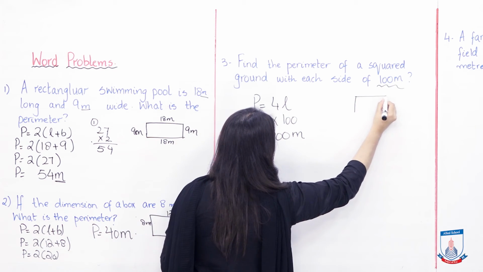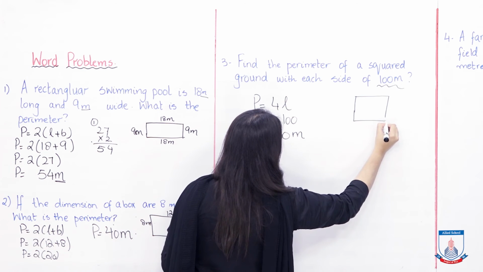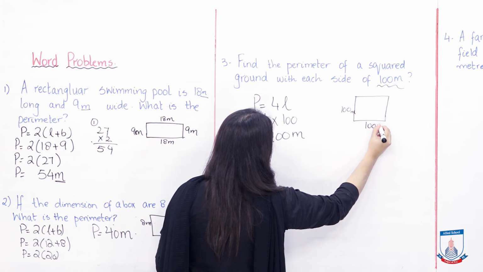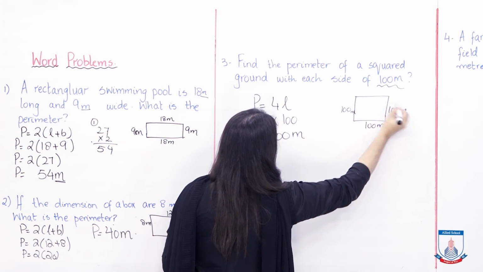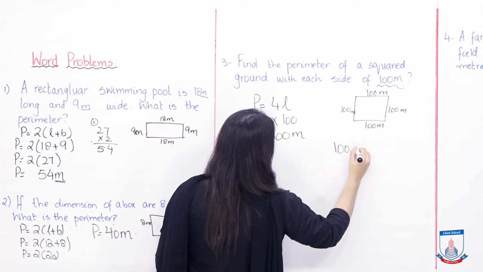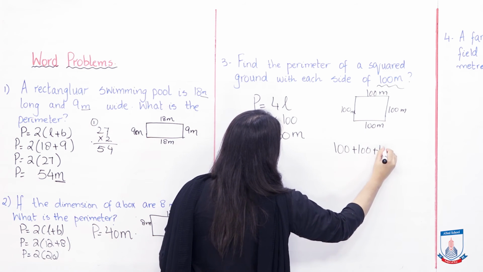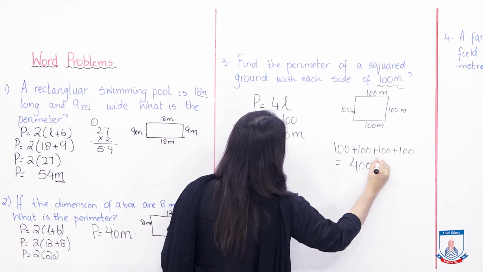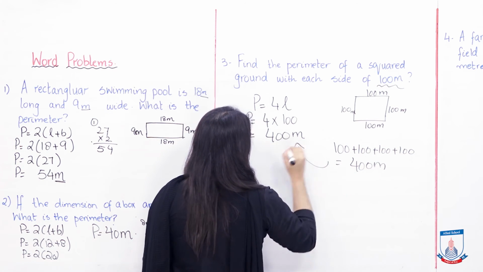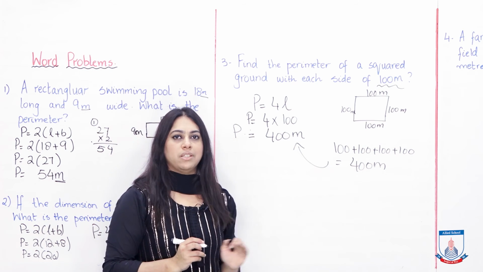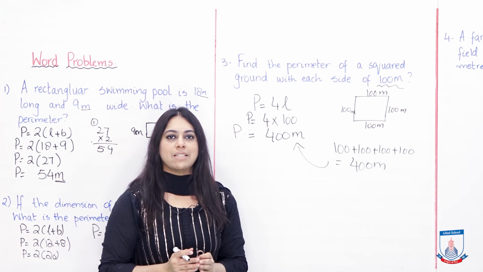If one side is 100 meter, all the other sides of the square would be 100 meter, and you can even add them simply: 100 plus 100, 100 plus 100, you will get the same answer, which is 400 meter. So you can solve this question with both methods. Now we are done with question number 3.